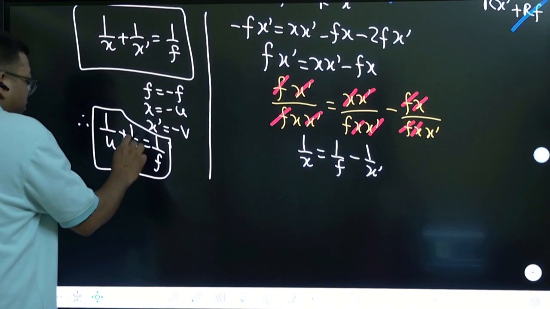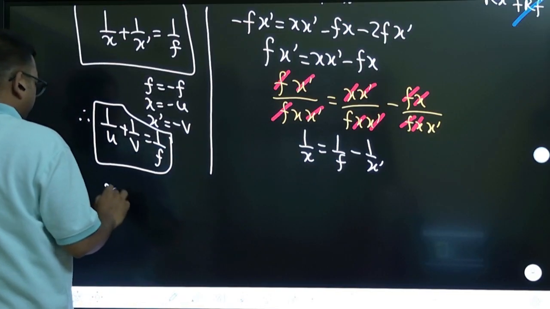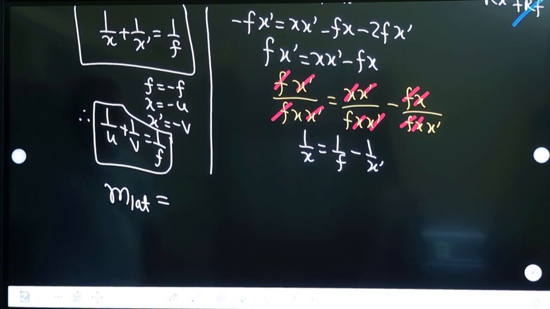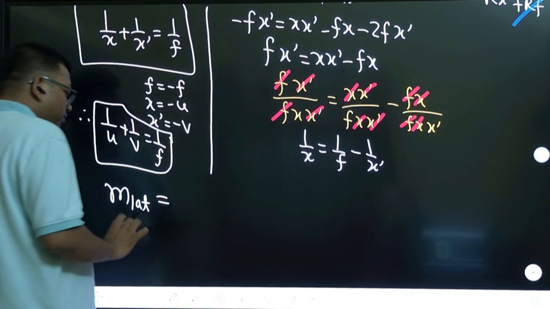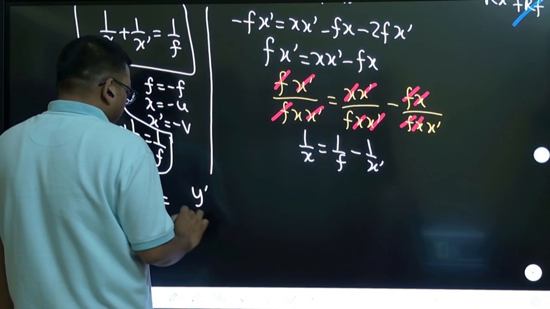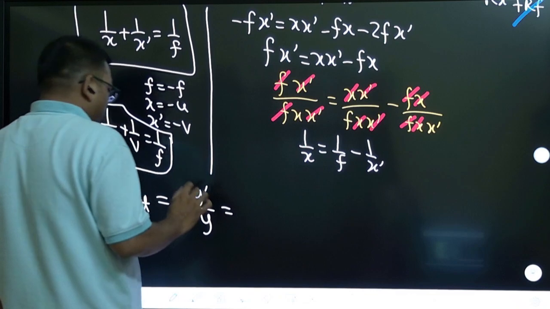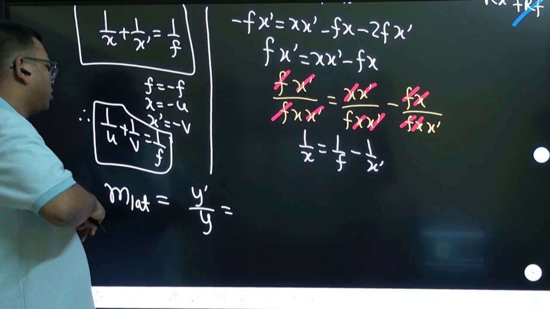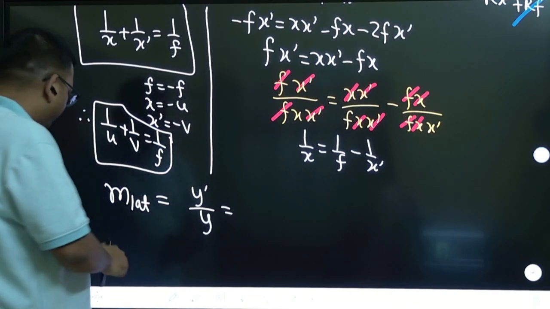Now let us go to the magnification formula. What is magnification? Lateral magnification formula. Here we know that magnification is y dash by y, but let me first calculate the y dash by y ratio.